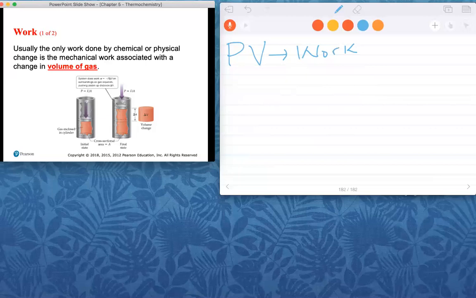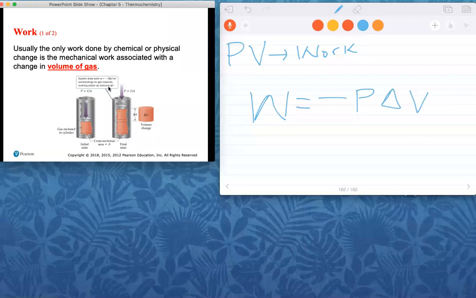For a closed system, the system can do work, or work can be done on the system. The illustration here shows PV work, and work in pressure-volume work is given by this equation, pressure times change in volume. This is the equation for calculating work done by the system. There is a negative.